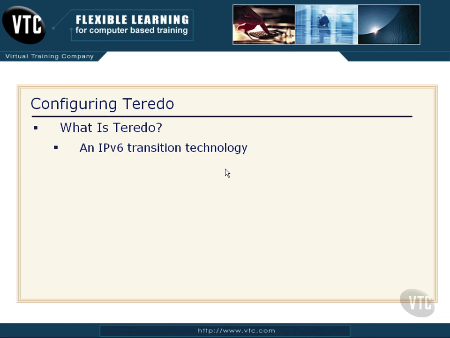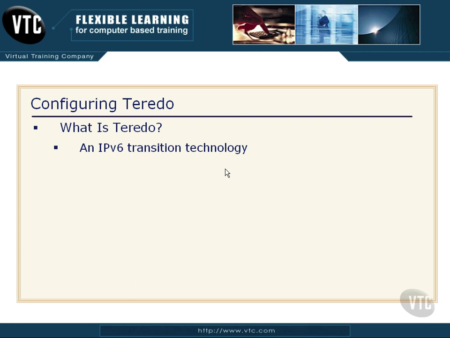Now, what I want to encourage you to do before you take this exam is go out and do some reading on IP version 6. You certainly don't need to be an expert at IP version 6, but you do need to be familiar with what an IP version 6 address looks like, and maybe a little familiar with some of the structure of the addresses.